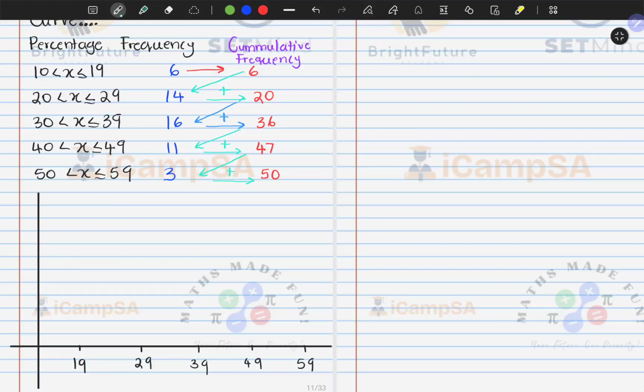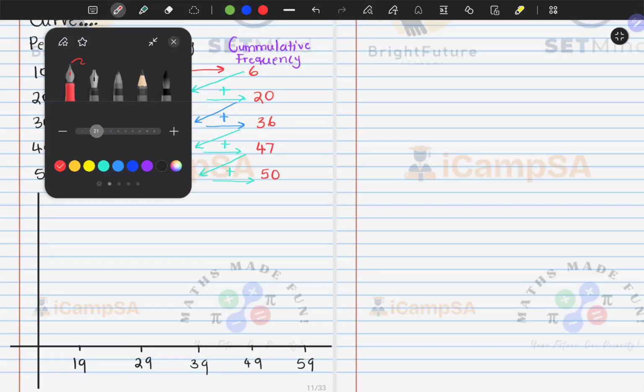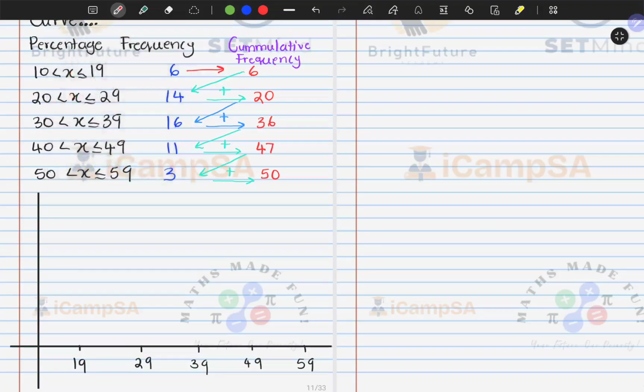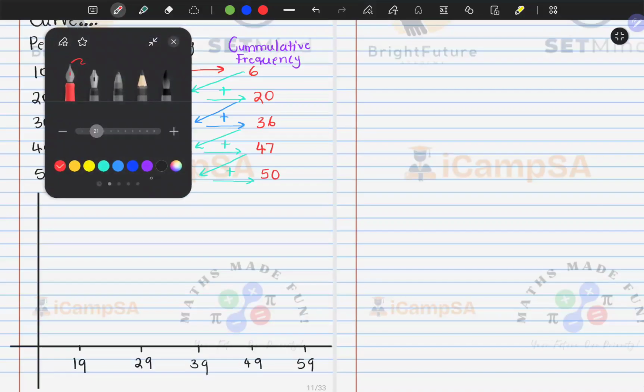Okay, done with that. And then what will follow next is for us to quickly put up these numbers here. So we have 6 up to 50. Okay, so what I'm going to do is I'm just going to step in steps of 5.